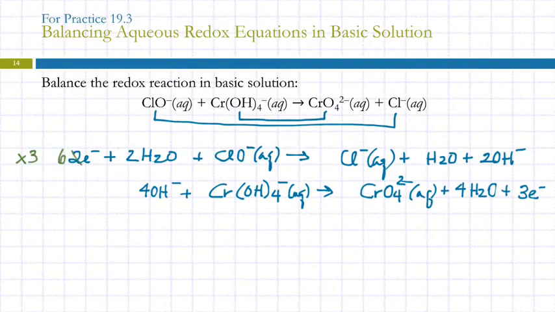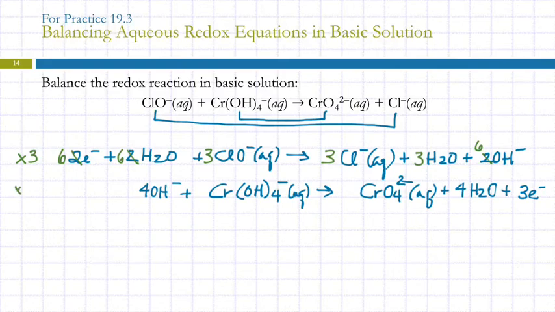So I get 6 electrons and 6 water and 3 of that ion, 3 of this ion, 3 of H2O, and 6 of the hydroxides. It's still balanced. I'm just multiplying all the coefficients by the same number.